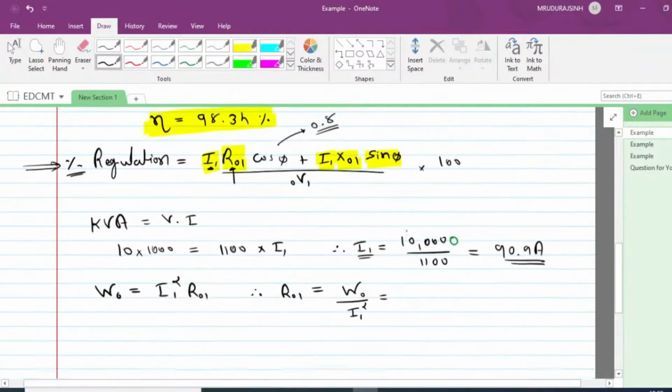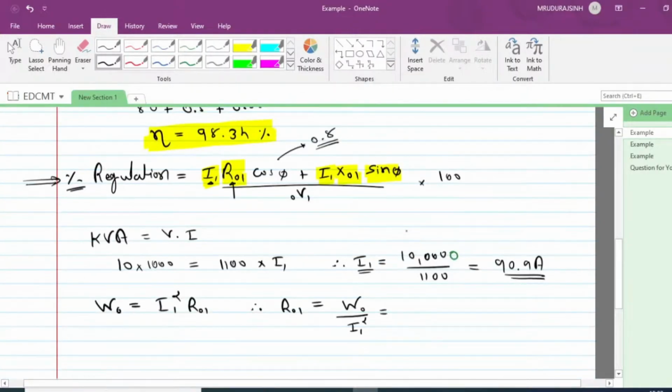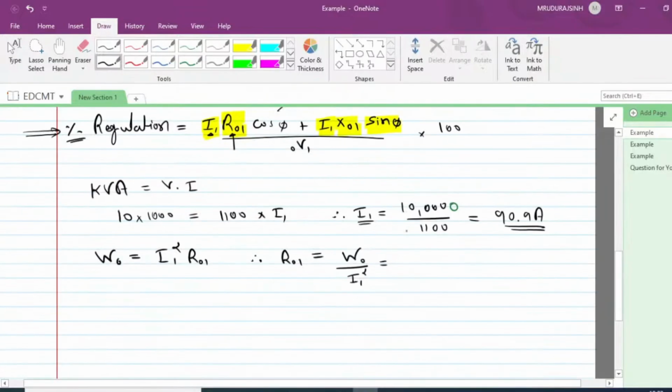This WC is 850 watt, right? So it's 850 watt divided by I, which is 90.9 square.